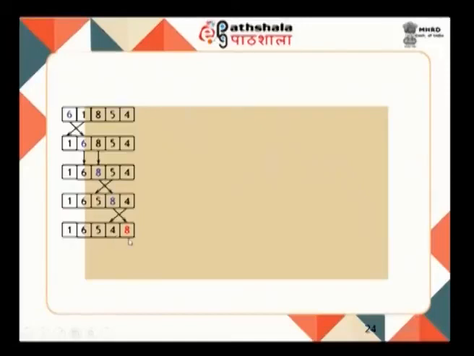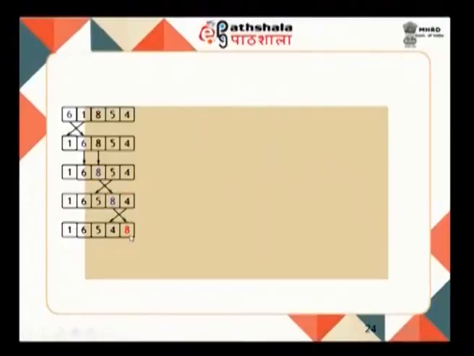Now you can see that at the end of this particular phase the largest element has bubbled into the last position of this array. That means in the subsequent phase this position need not be disturbed, because the correct element has bubbled into the largest position.